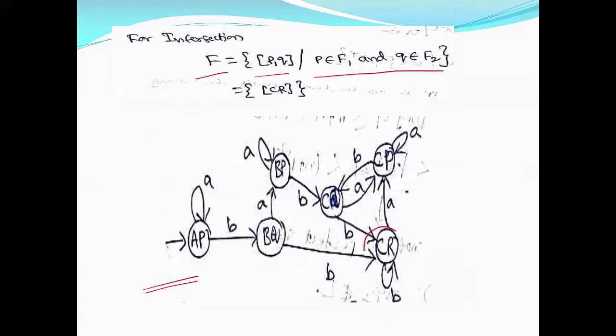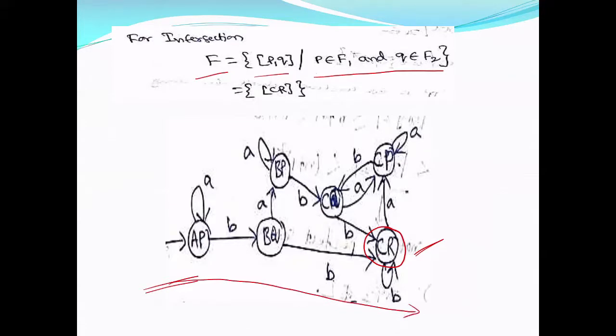So I make this a final state. Once this is a final state, if M1 and M2 accept, they will end up in C and R respectively. And now your new FA will end up in CR.